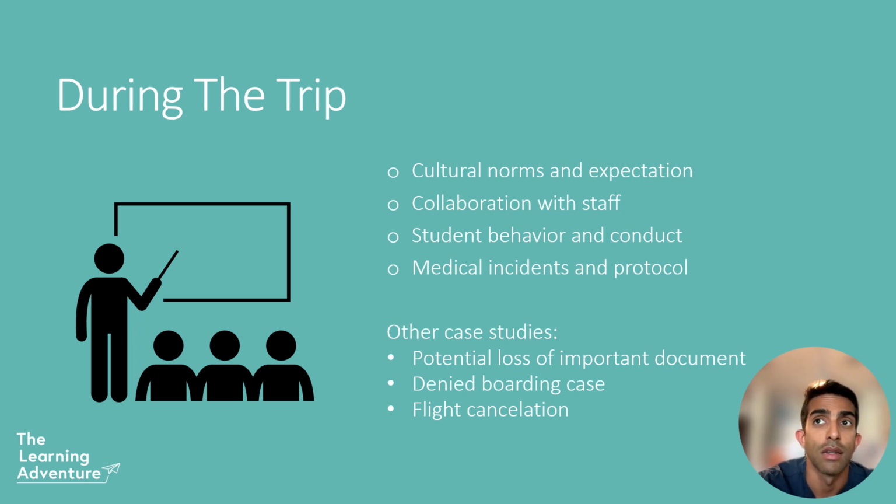We've had cases in the past where students had incorrect visas, even though we had advised them to get the correct kind of visa. We also discuss with the school in advance what happens in the case of a flight cancellation or if a student falls sick, how we will support them and take them to a doctor or a hospital.